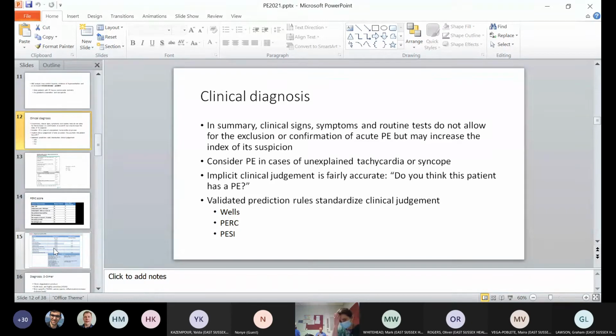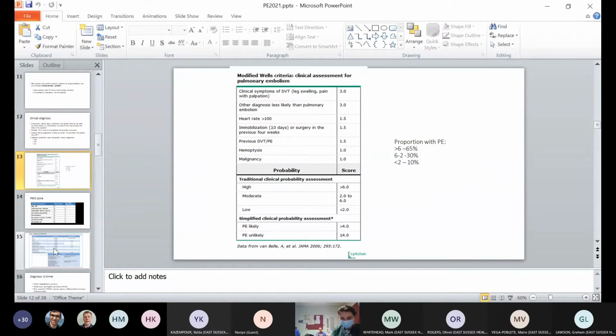So Wells score, what does it do? It helps you to identify what investigation to do next. Do you need to do D-dimer, or don't you need D-dimer, do you need to do CTPA? The Wells score gives you some leeway on how urgently you need to treat people, and whether you need to wait for D-dimer to come back or request CTPA at an earlier stage.